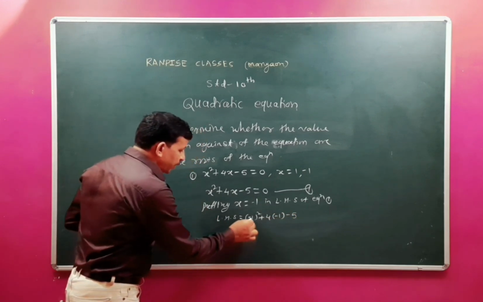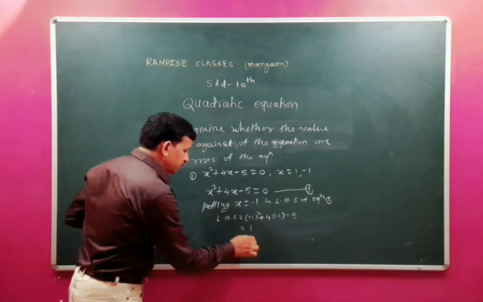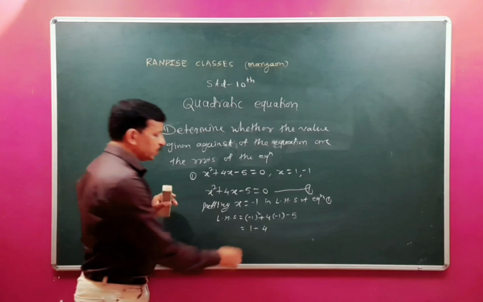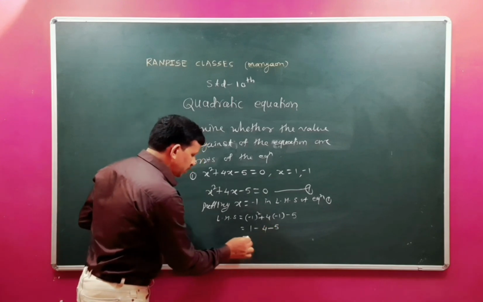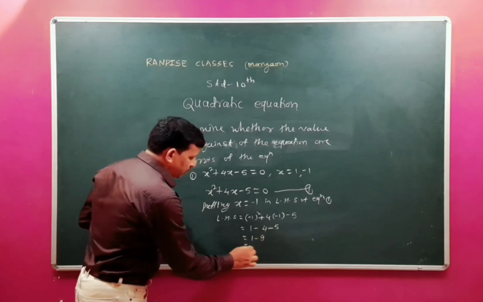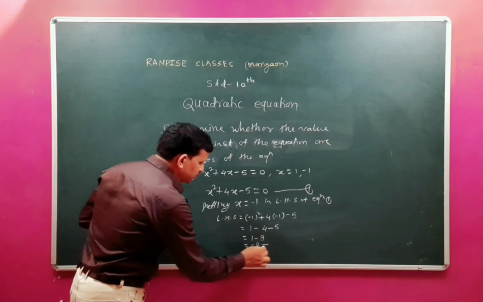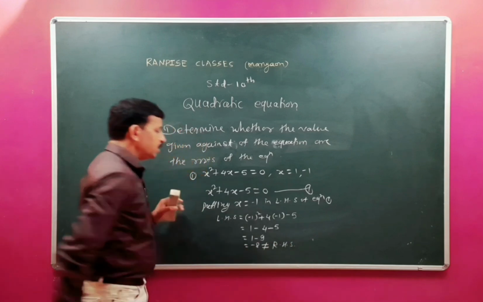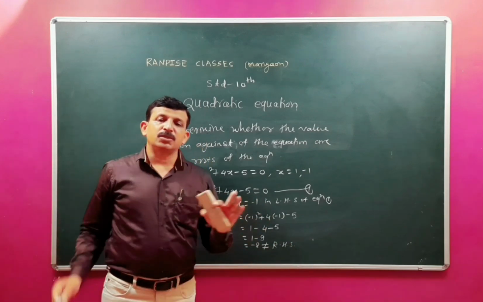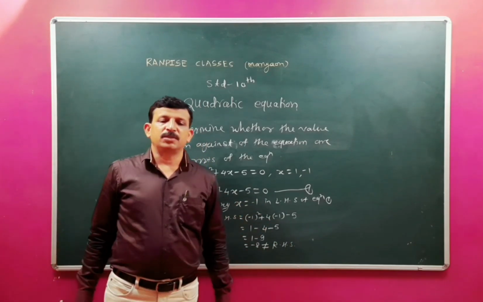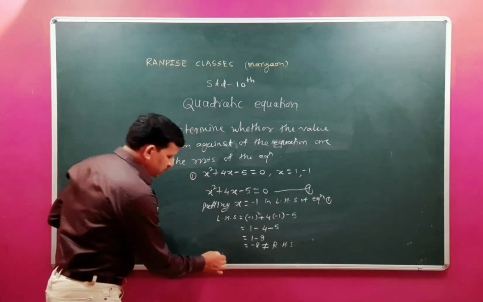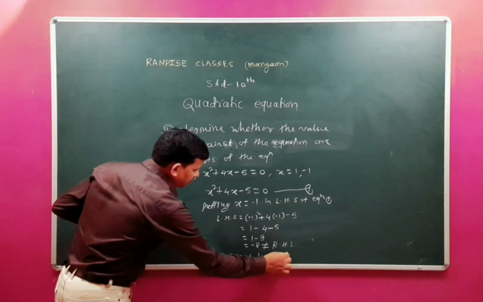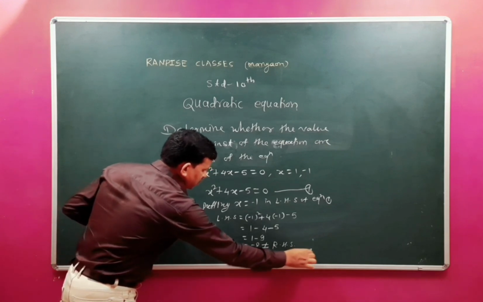Then here (−1)² is 1, minus 4, 4 into −1 means −4, minus 5, equal to 1 − 9 equal to −8. That is not RHS. Means x = −1 does not satisfy the given equation. Therefore, x = −1 is not a root of the equation.